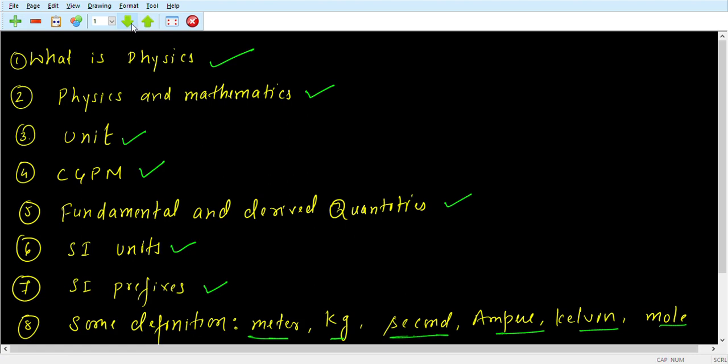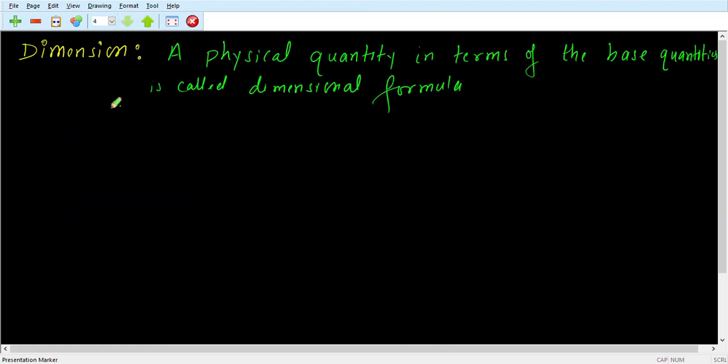Now, in today's lecture, our topic is dimension. When a physical quantity is expressed in terms of base quantities, it is written as a product of different powers of the base quantities.